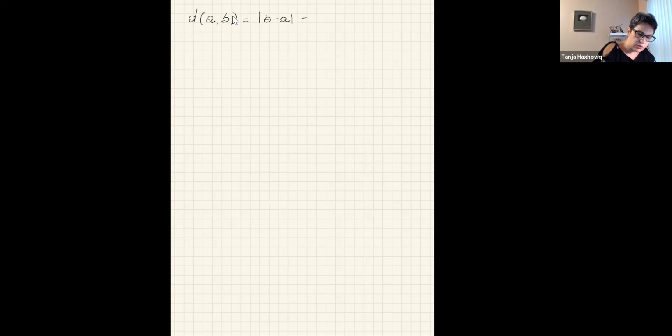minus A. But of course, this absolute value, according to the previous properties, is the same as the absolute value of A minus B. For example, the distance between the number minus 2 and the number 8 on the real line, according to this definition, is the absolute value of 8 minus minus 2.